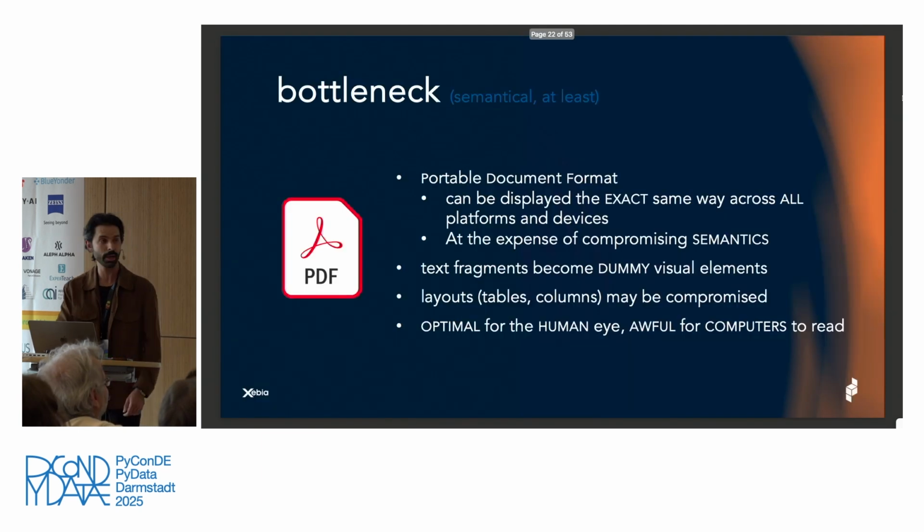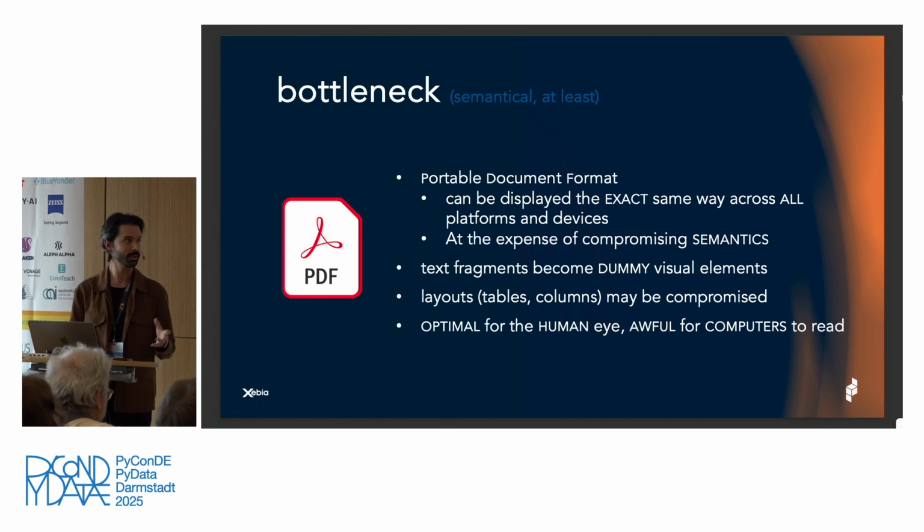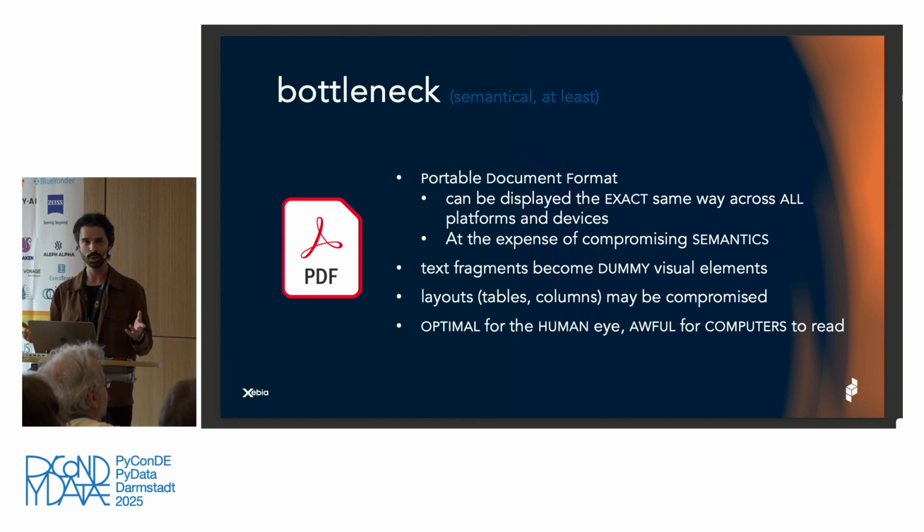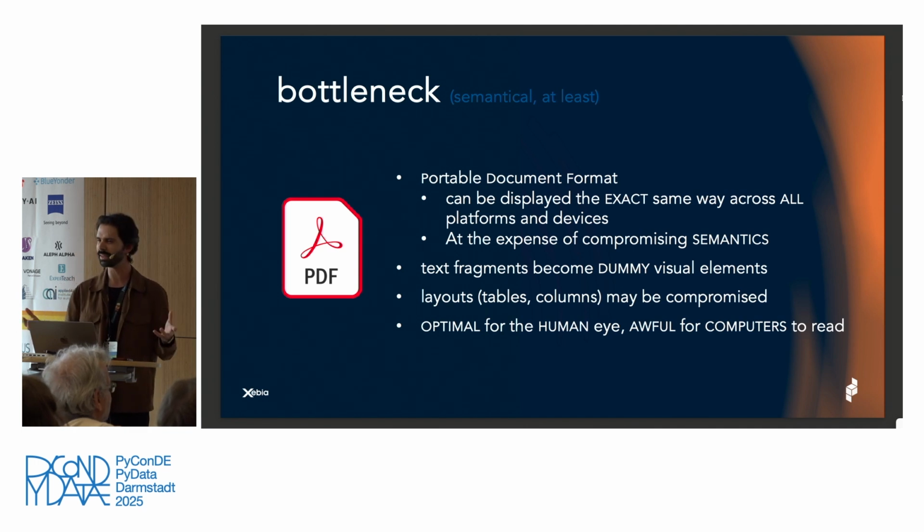And it starts from the big bottleneck in here, from PDFs. PDF stands for portable document format, and that's a big thing we take for granted, because we see the same document being displayed in the exact form across all platforms and operating systems, right? We take that for granted, but we don't know that that comes at the expense of compromising semantics.